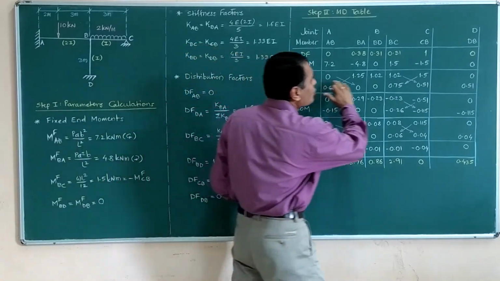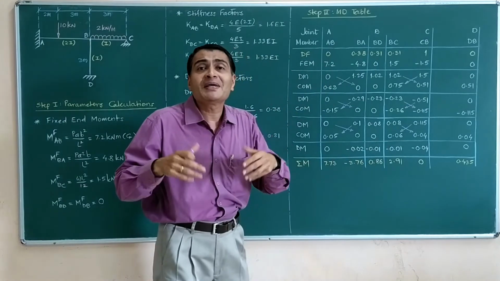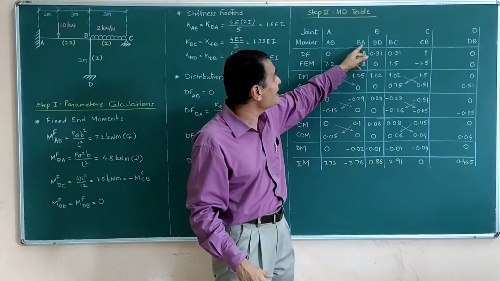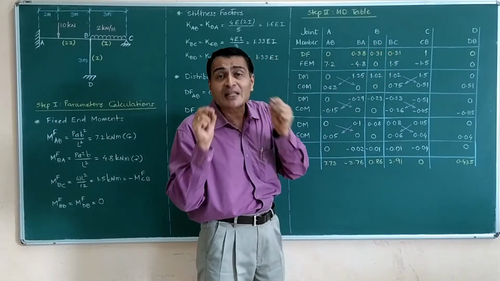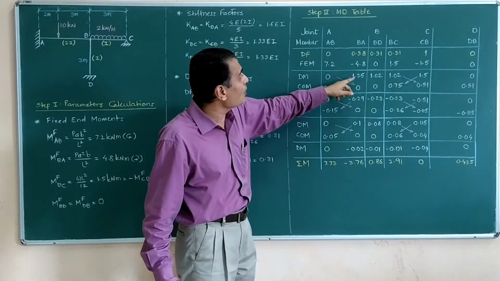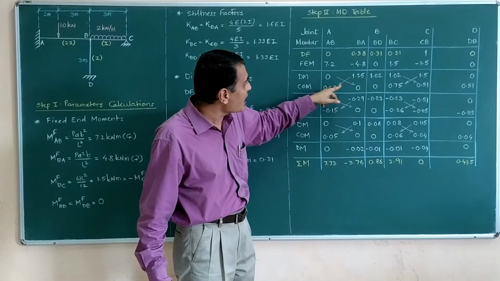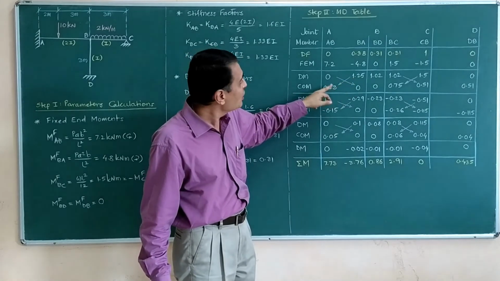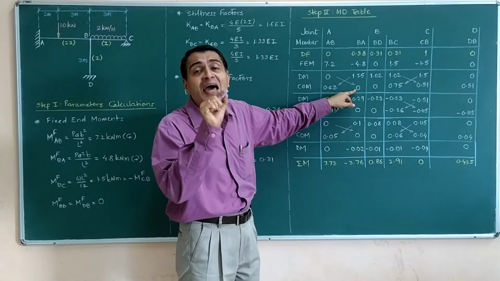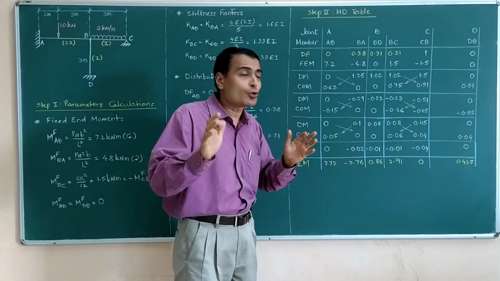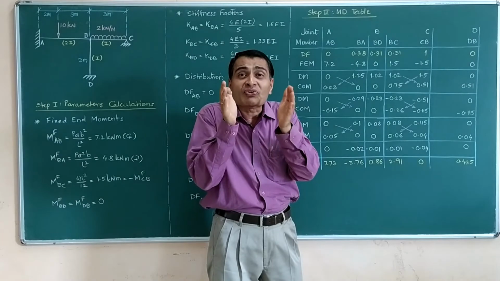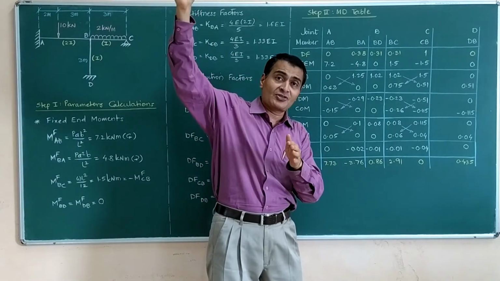So I have distributed all these moments. Now they will be carried over to the farther ends. And this is where writing this BA, BD, BC in that particular sequence comes in very handy. See what is happening: from BA, that is from joint B, half the moment is coming to joint A. I have deliberately shown those cross arrows so that it will be clear to you that as far as these two columns are concerned, moments have to be carried over within the column only, not somewhere else.